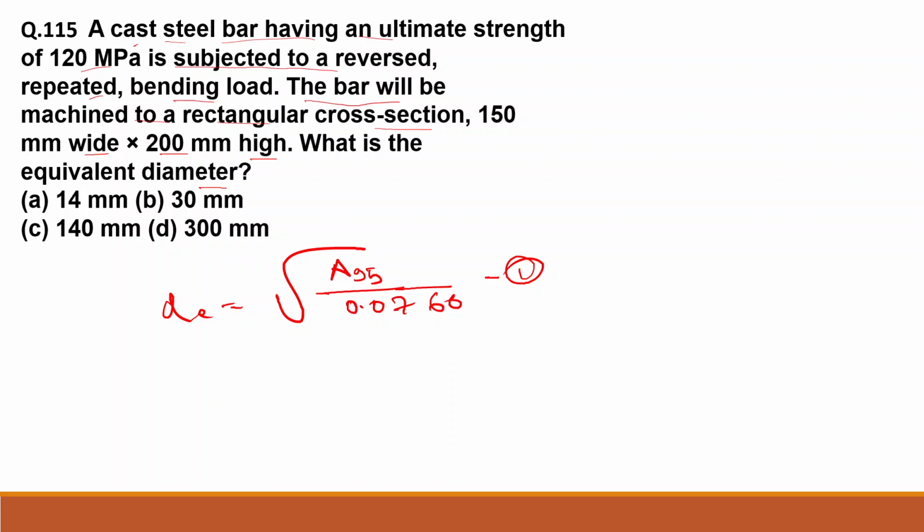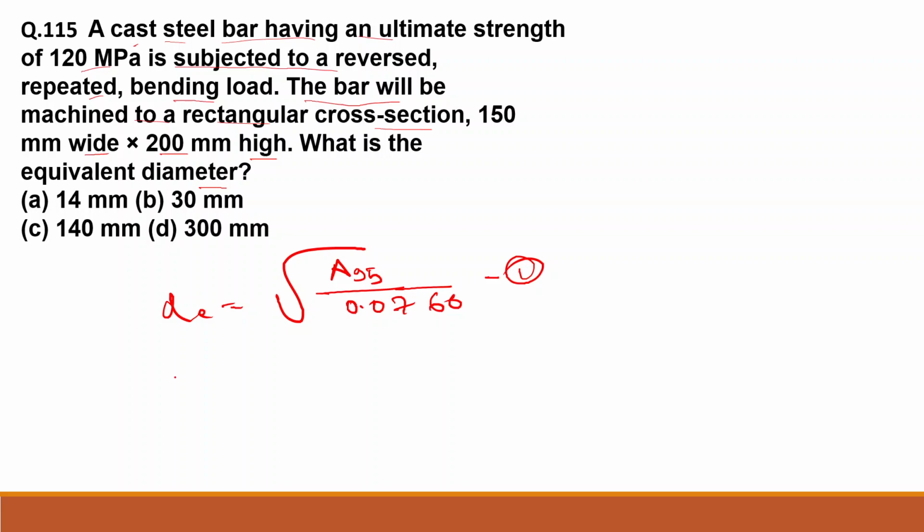A95 is the portion of cross sectional area of the non-cylindrical part that is stressed between 95% and 100% of the maximum stress, and D equivalent is the effective diameter of the non-cylindrical part.